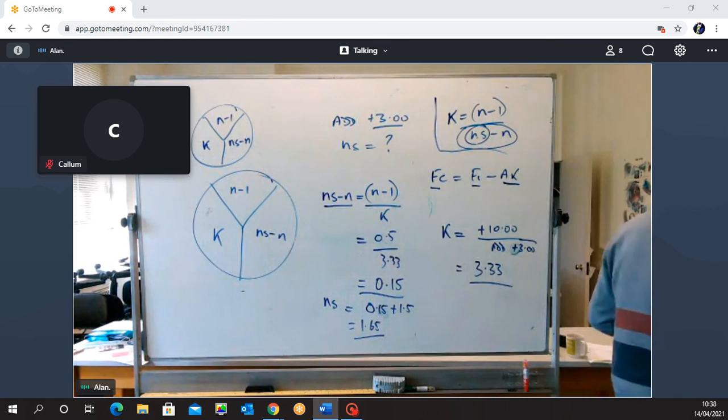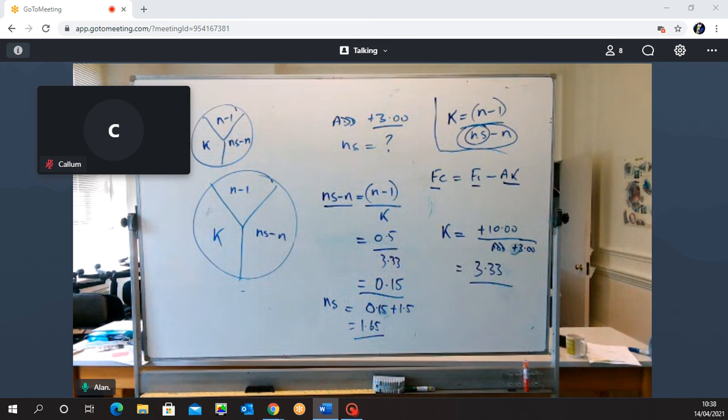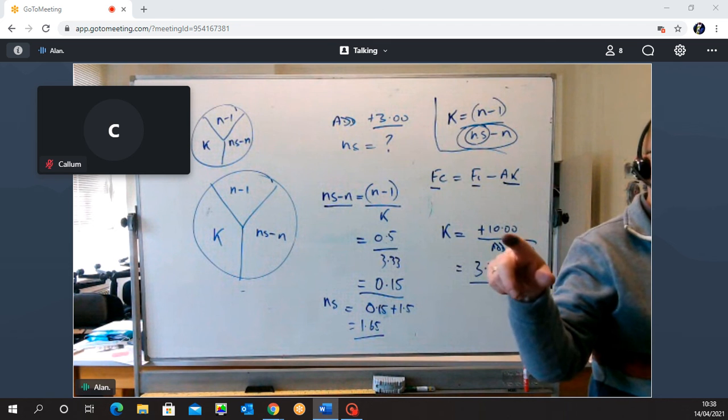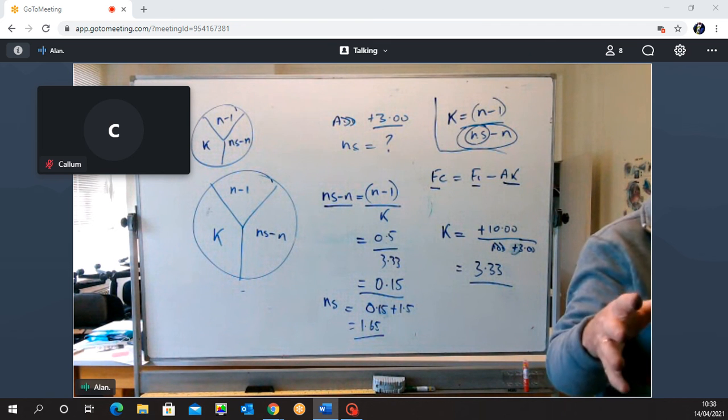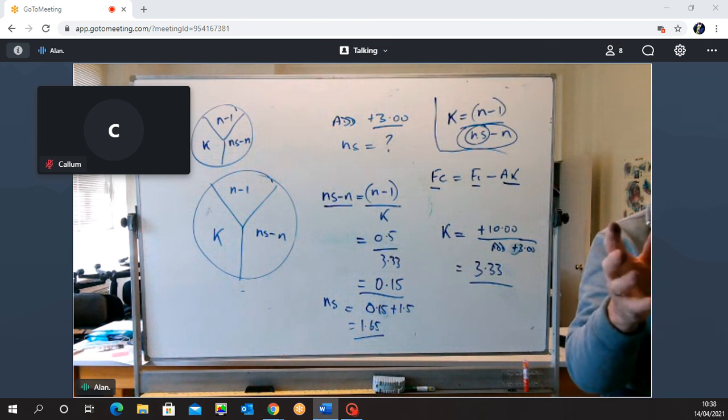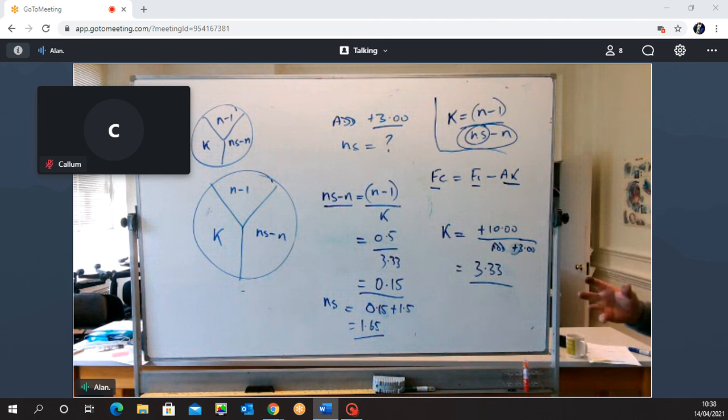So I'll go over it again if you want me to, but if you could do the first bit, find FC. FC is equal to F1 minus AK, yeah? That first bit we did, which was a toric transposition first and then transposition as well to get it in the correct form. If you could do that bit and get FC, which we did, which was minus 4. Yeah, minus 4, wasn't it?